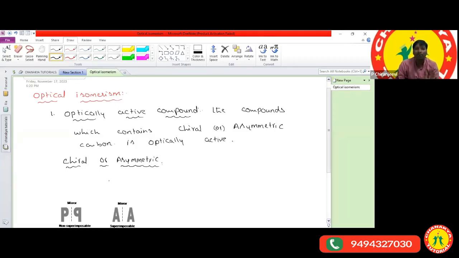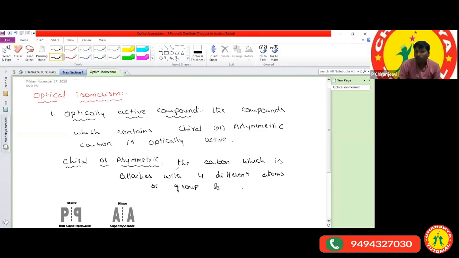So chiral is a Greek word. According to the Greek word, the carbon which is attached with four different atoms or groups of atoms is called chiral.